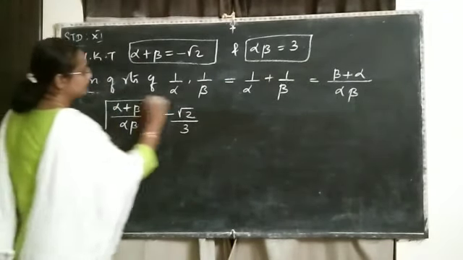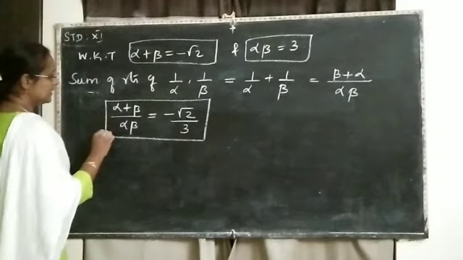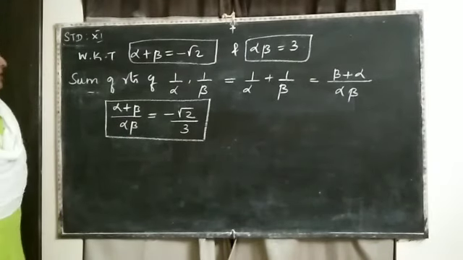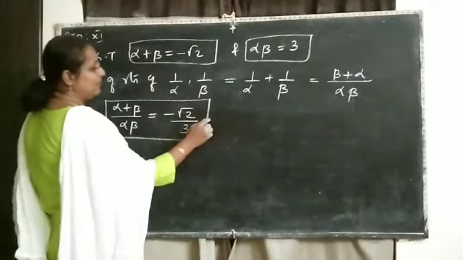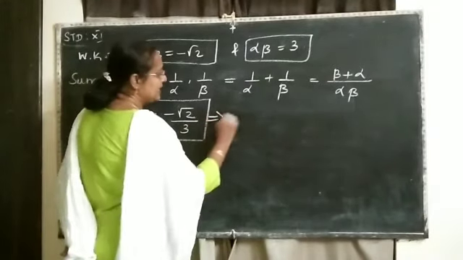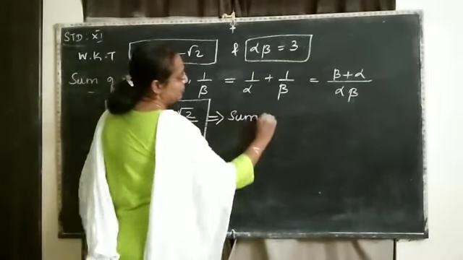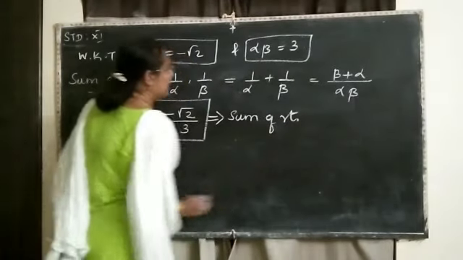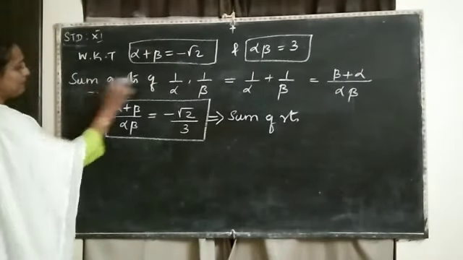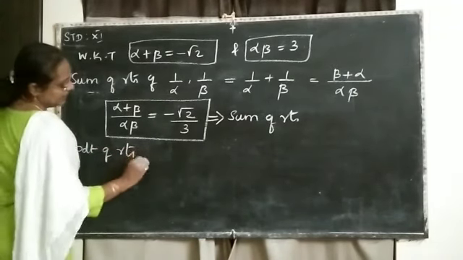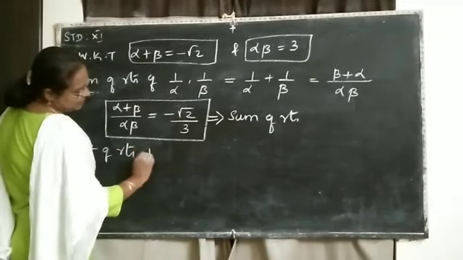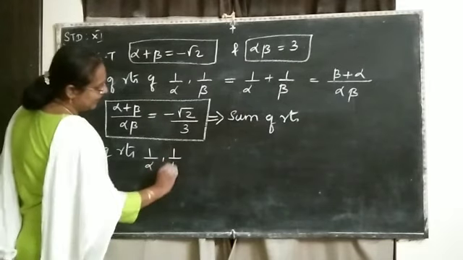Yes or no? Okay. So now we got the value of this, which is the sum of roots. Now we are going to find the product of roots. What are the roots? 1 by alpha, 1 by beta.